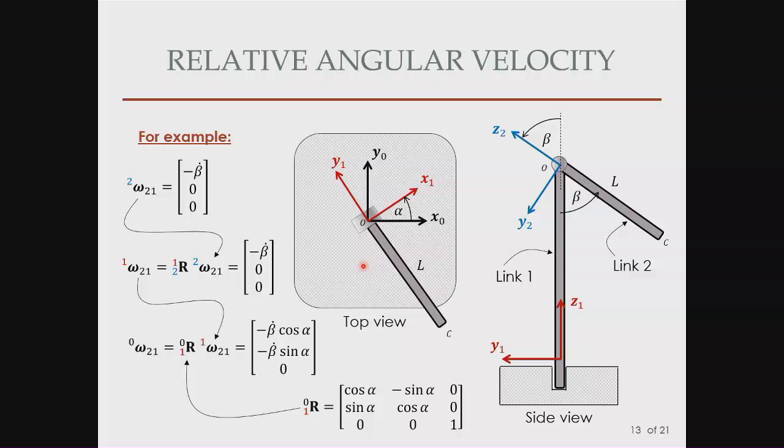If you freeze the motion of link 1, you just have link 2 relative to link 1, and everything is about this axis. So this axis would be projected only onto x0 and y0 in frame 0, nothing on the z. Does it make sense? Because it's a relative angular velocity.